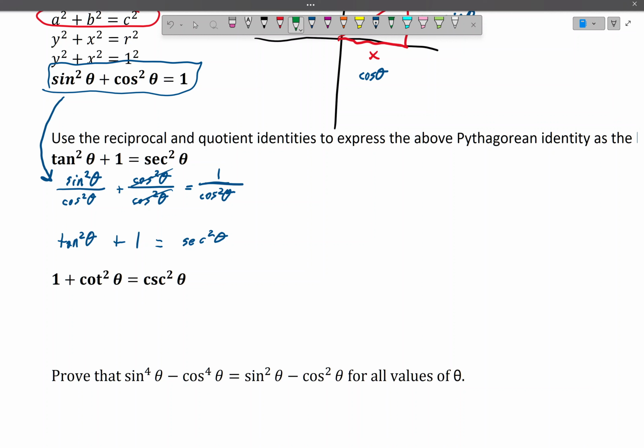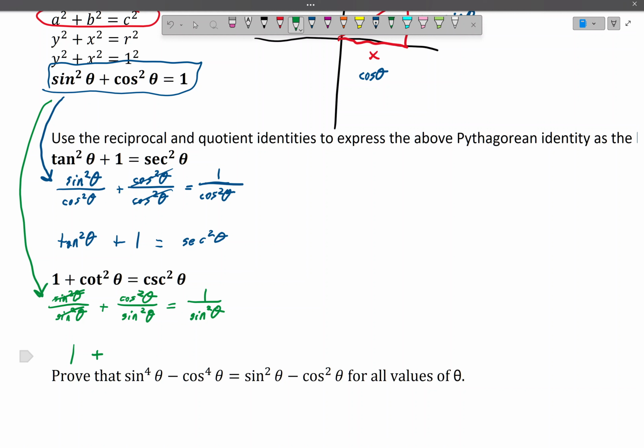What if we do this backwards? What if we do the same thing, but instead we divide by sine squared theta for every single part? Hopefully you can see right away that the first set is going to cancel, just like it did before.